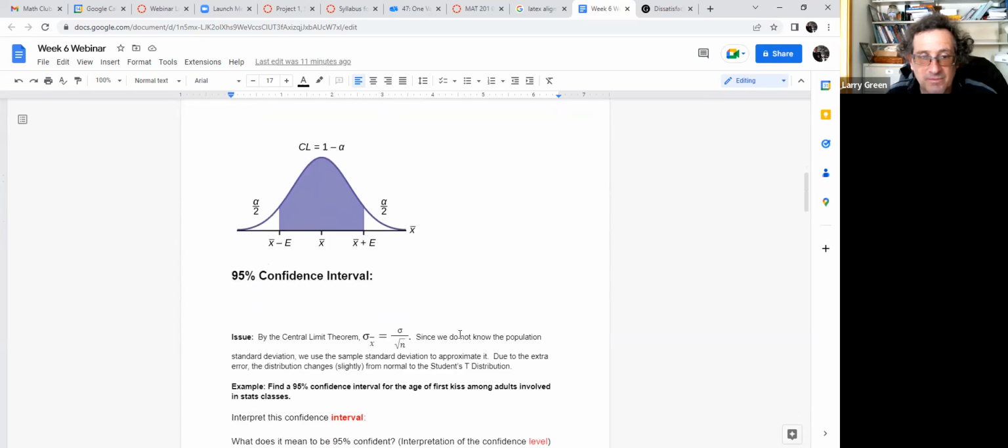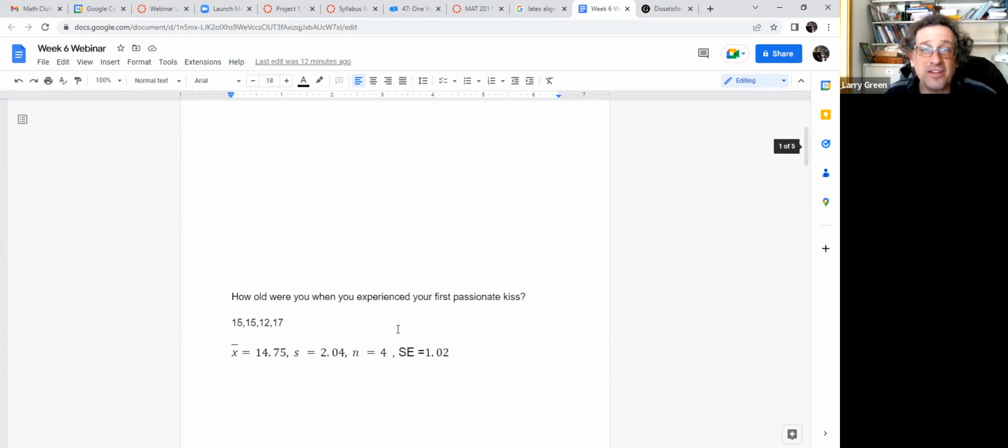Okay, so again, the central limit theorem. The central limit theorem tells us that sigma sub x bar is sigma over root n, right? That's what I used in the example we just did. Okay. And we don't know sigma, right? We had a sample size of 4.